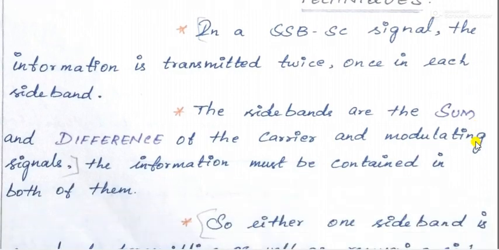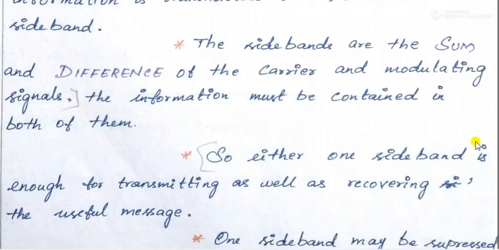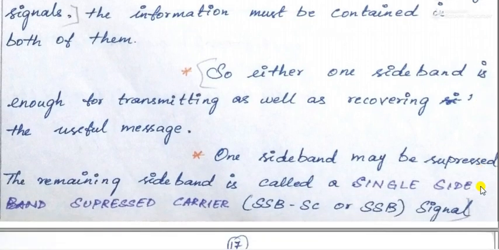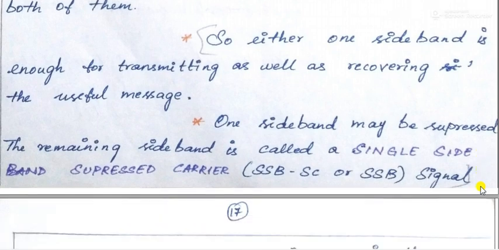The information must be contained in both of them. So, either one sideband is enough for transmitting as well as recovering the useful message. One sideband may be suppressed.